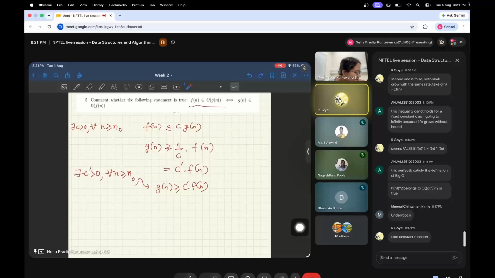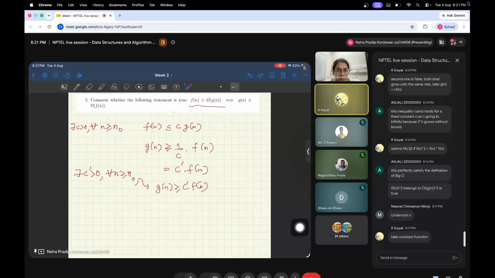This is the part of the definition for the little notations. For the big notations, it is fine: f of n is bounded by g of n from the upper side, g of n is bounded by f of n from the lower side, and both the bounds will be asymptotically tight. So in case of the big notations, this is fine.